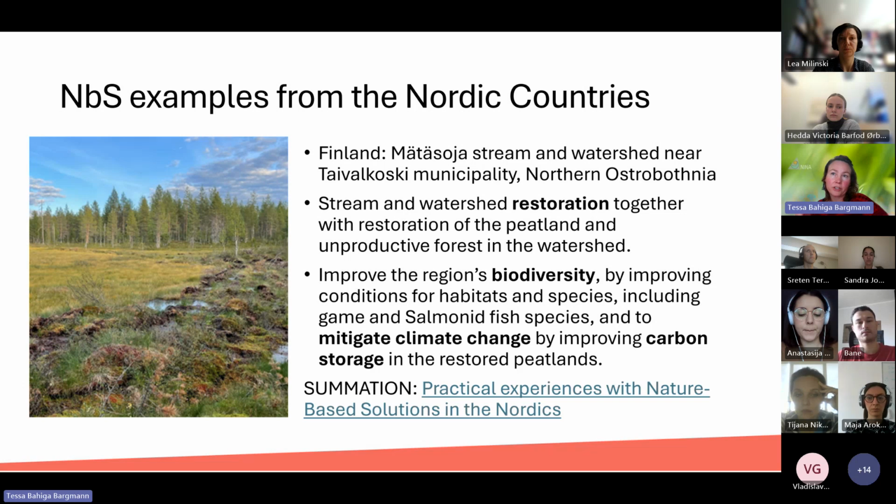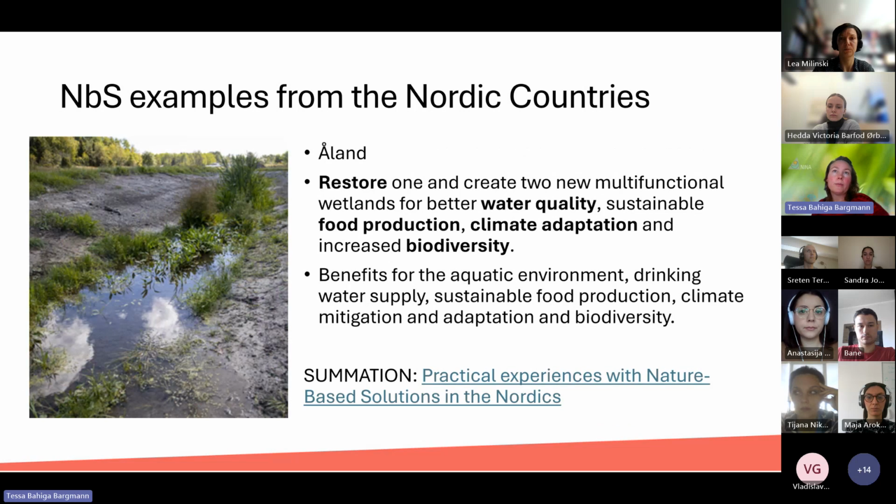For the biodiversity, they're actually focused on salmon species, so I don't know how much they're focused on other species. Åland, this is also a restoration project. Here they have a few more societal problems that they're addressing: water quality, food production, and climate adaptation, and of course biodiversity, which also always needs to be addressed.